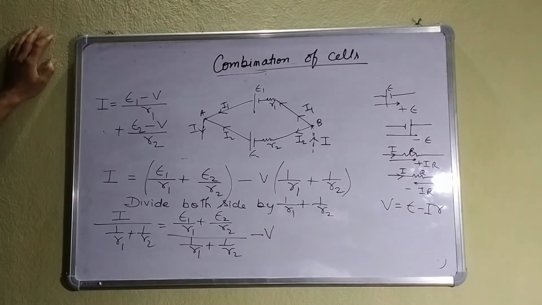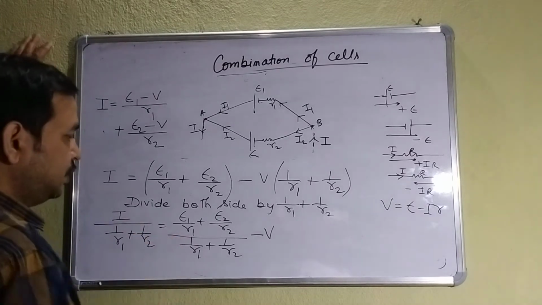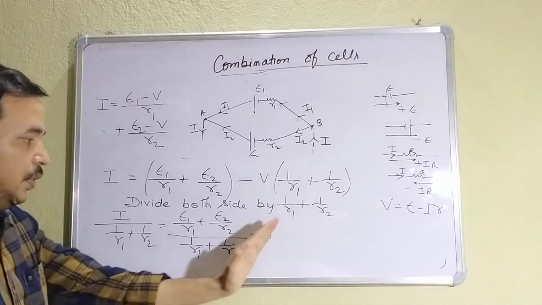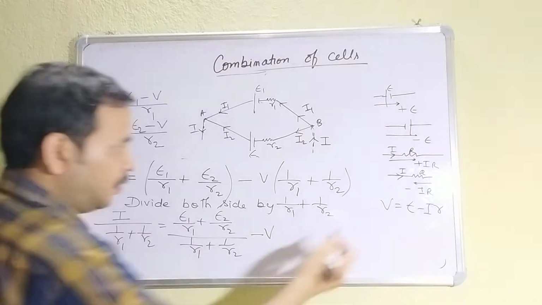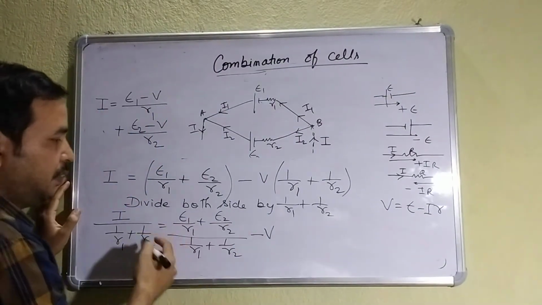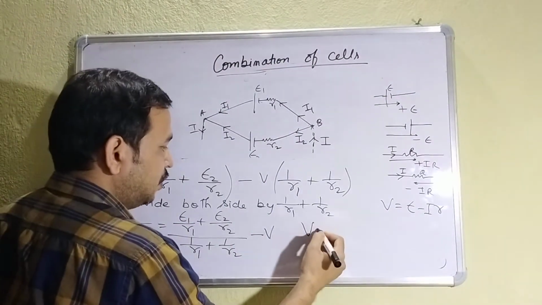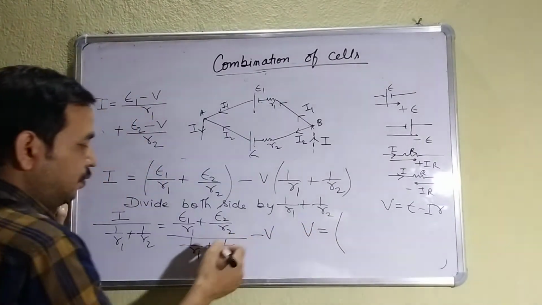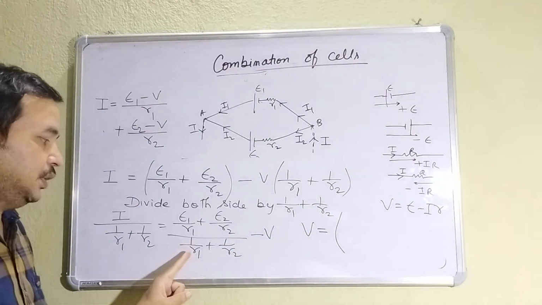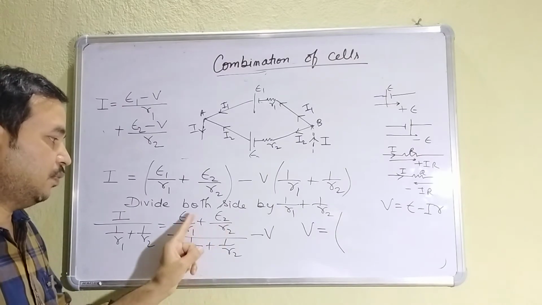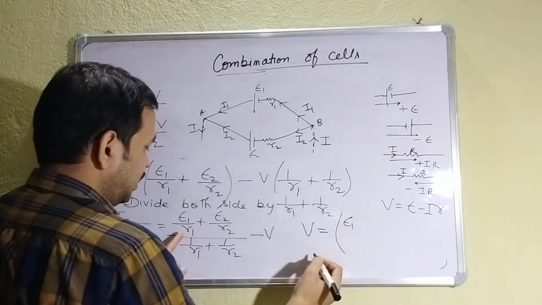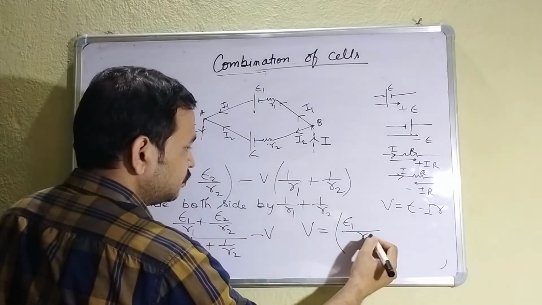Now, if you solve this equation, bring V to this side. So you will get V is equal to E minus IR. I am bringing it to this side. V is equal to this whole thing, you have to write. If you are able to solve, then you can see if you take the LCM of this one, first the numerator. It will be E1, LCM is R1 R2.